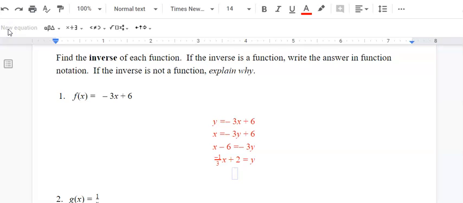So let's start a new equation, and this time I'm going to do f, and then we'll do shift 6 and put the negative 1, which I hate the way that's so close together, so I'm going to hit a space there. I'm not sure how to get out of this exponent.